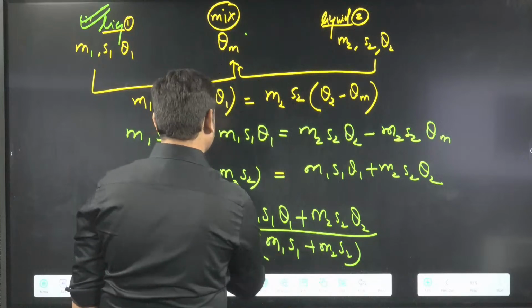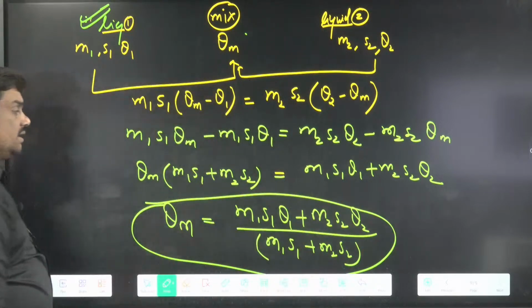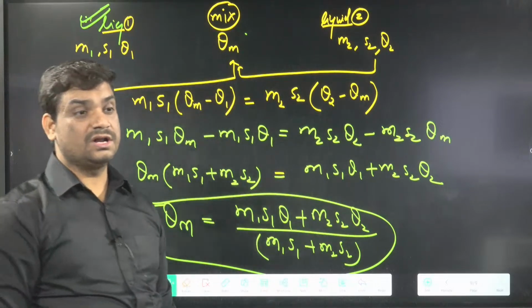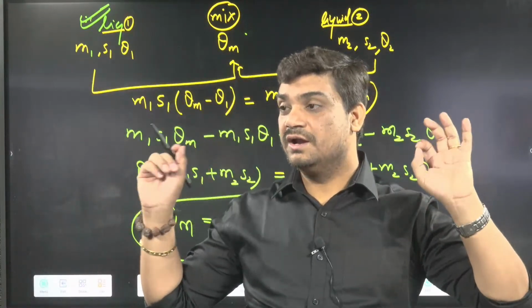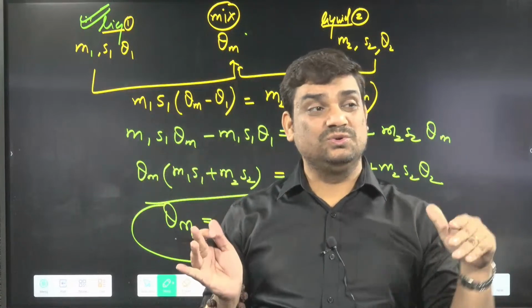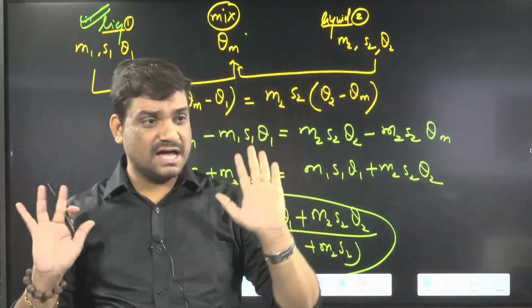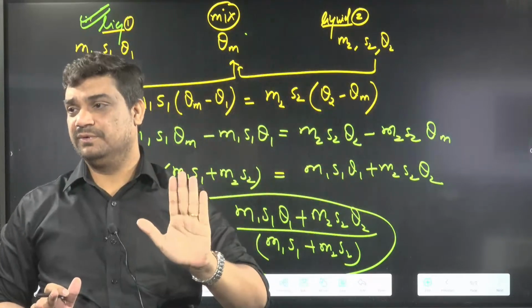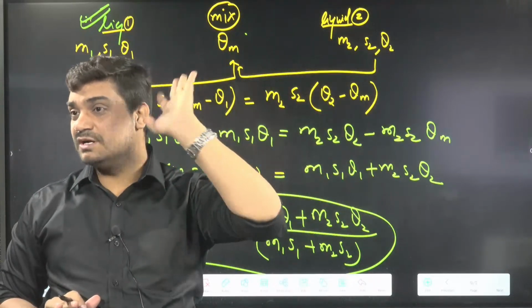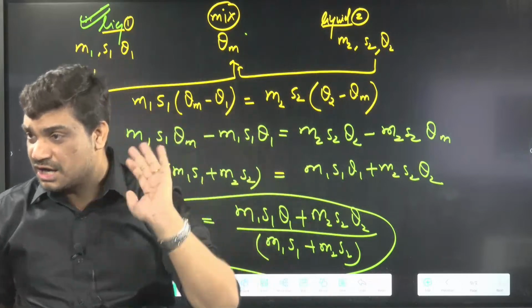But use this one only for which one? I will say use it only for liquid. I will not suggest using it for others. In some cases the answer may come for others also, for ice water also, but I will say use it for liquid only.